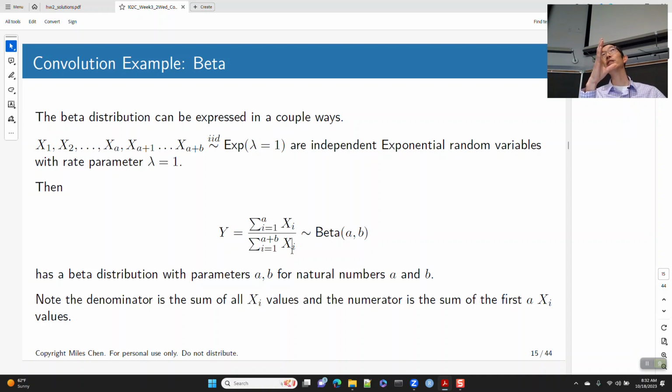If you generate the top 10 independently from the bottom 15, then it's possible that the numerator ends up larger than the sum of the denominator, if you generate these things independently. And that's obviously not going to work for a binomial or for a beta distribution. So it's important that you generate a total of a plus b values, and the numerator is the sum of a subset, the first a of those values. Okay.